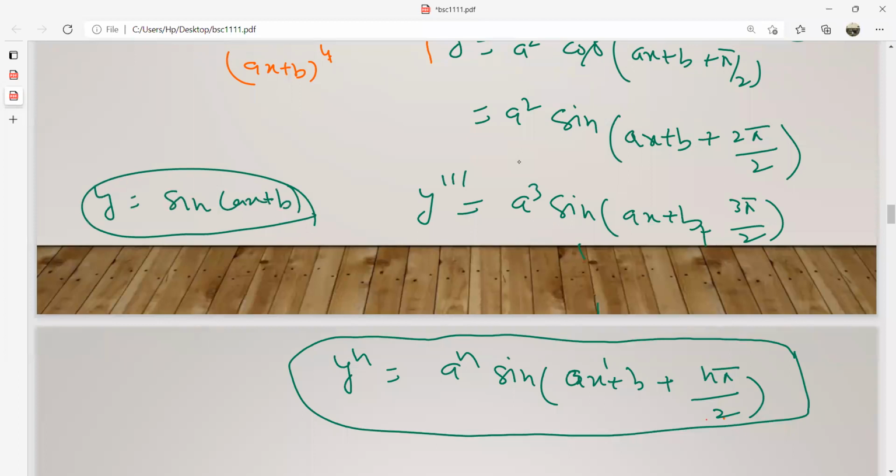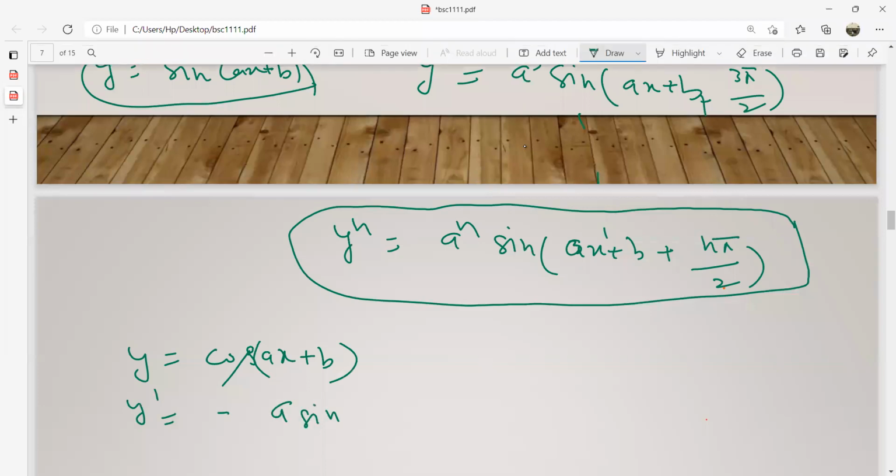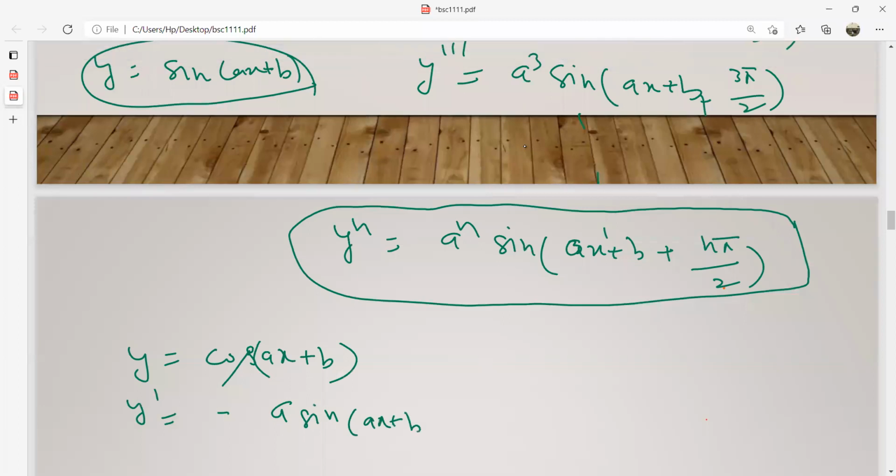In a similar manner, if you are given another trigonometrical function, y equal to cos ax plus b, suppose this one is given, and you differentiate it, the value is minus a sine ax plus b.